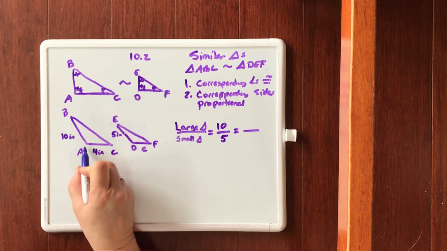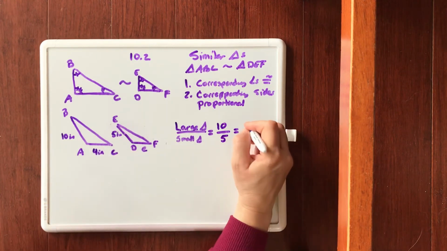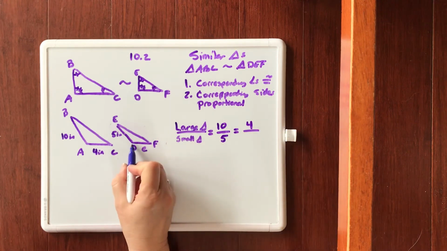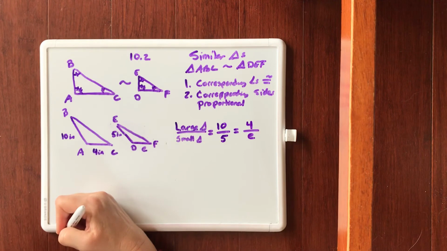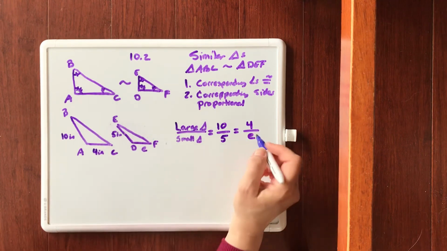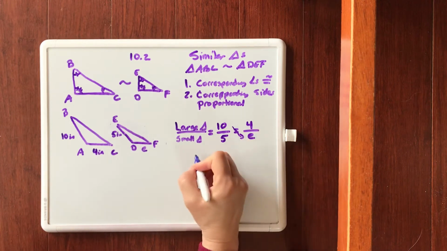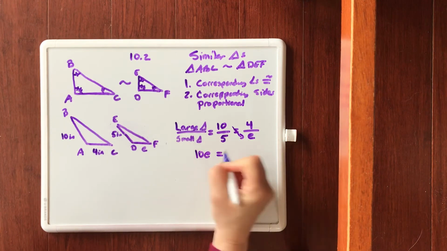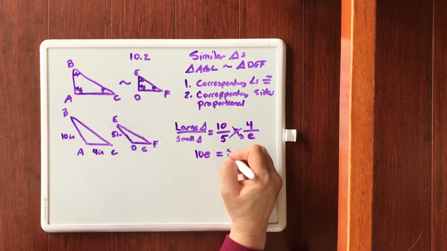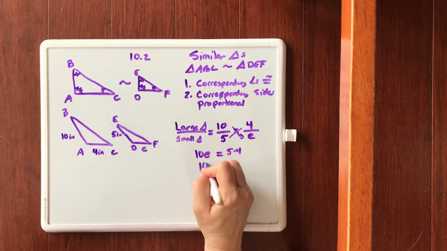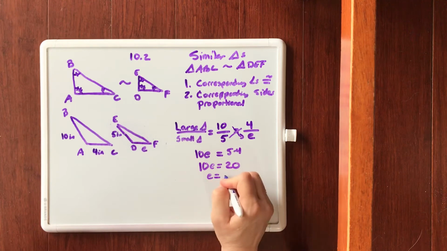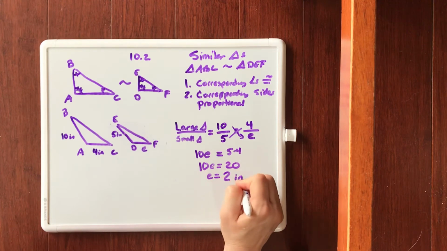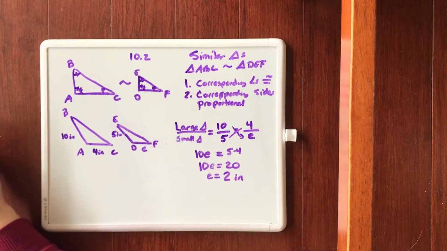The large triangle AC is 4 inches, and this corresponding side, we don't know what it is. We're going to call it E. And now we're going to solve for E. Well, remember, we can cross multiply. 10 times E equals 5 times 4. 10E equals 20. E equals 2 inches. Okay.